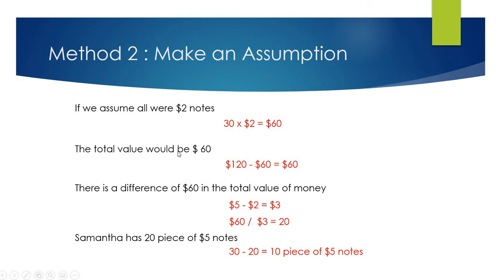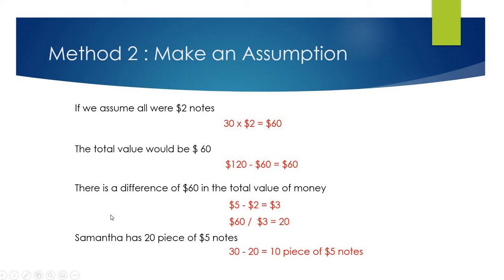The total value would be $60. $120 minus $60 equals $60. There is a difference of $60 in total value of money. $5 minus $2 equals $3. And then $60 divided by $3 equals 20.